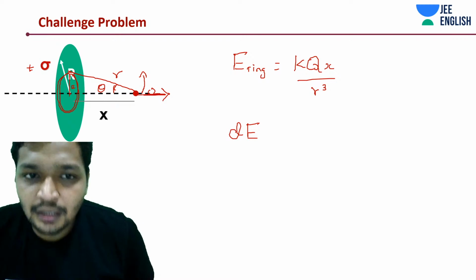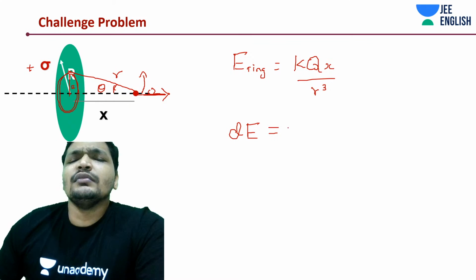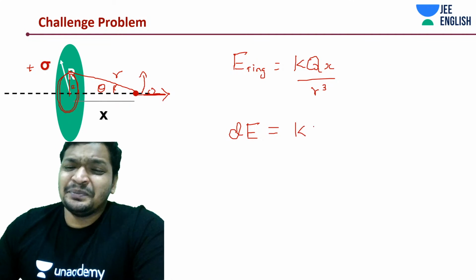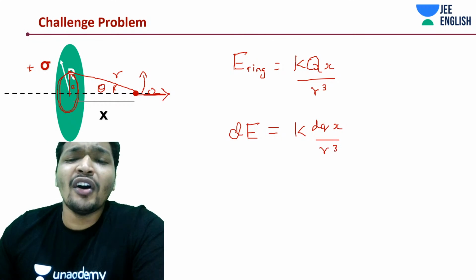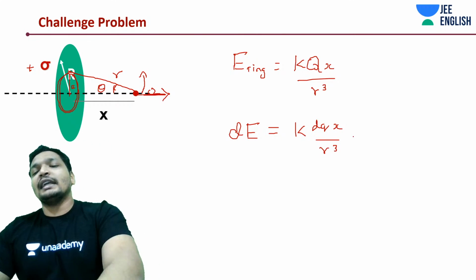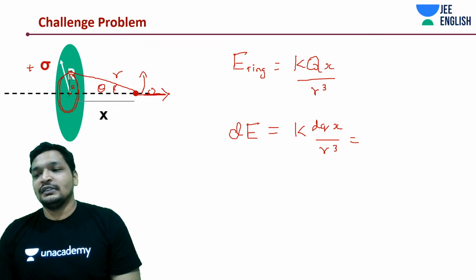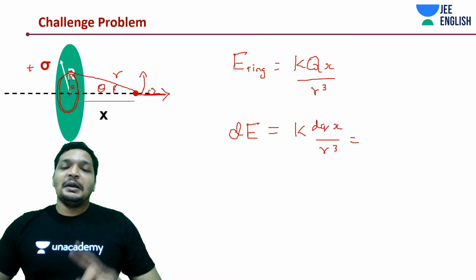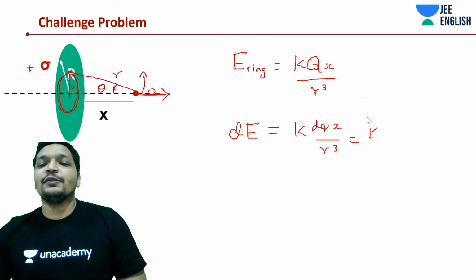Now this is going to be how much? It's going to be k into dq into x by r cube. Is x constant, is r cube constant? x is constant, r cube is no more constant. But let me tell you, it is very simple. Just keep focusing.